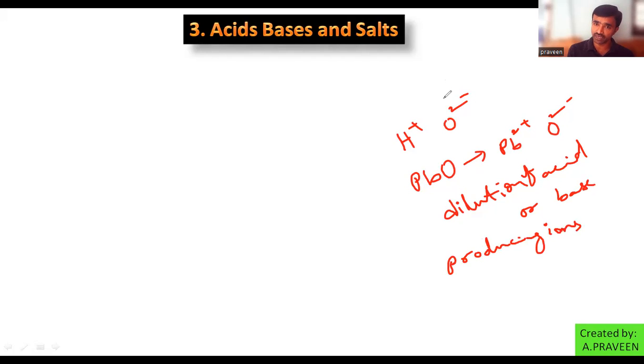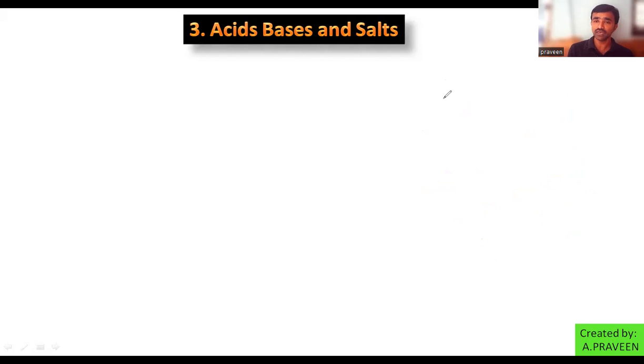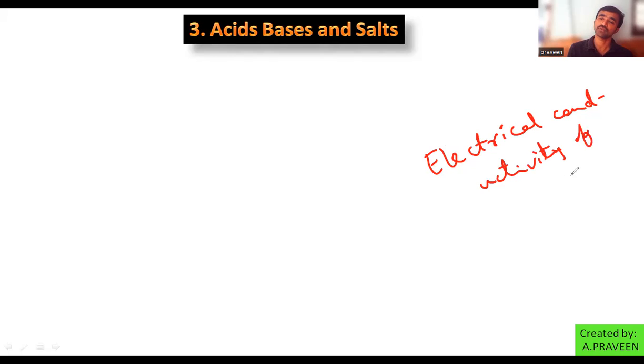So we need to realize that. Are they really producing ions or not? So here we are depending on the electrical conductivity, right? We are depending on the electrical conductivity of liquids. So this chapter is there in your 8th class, electrical conductivity of liquids. So when the liquids conduct electricity, anybody just answer me.